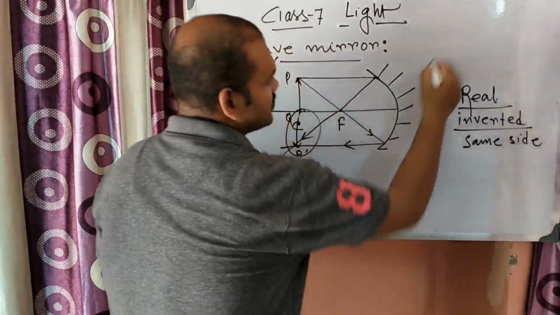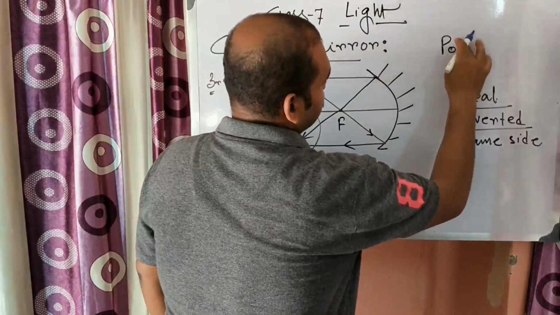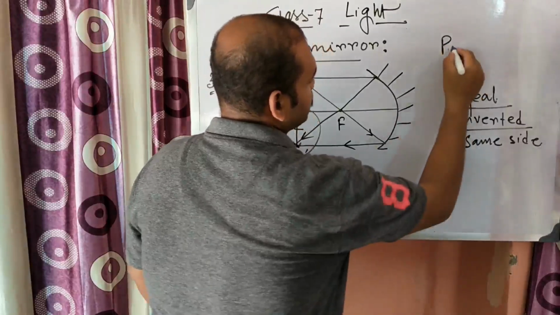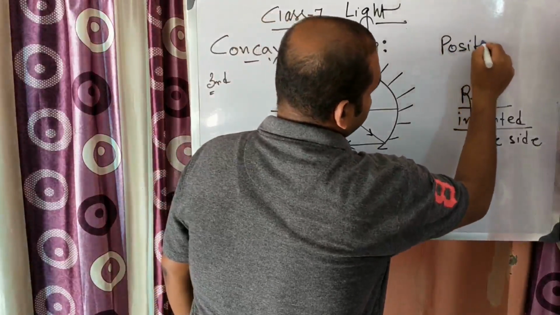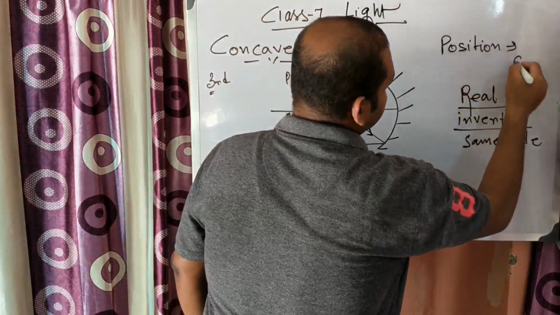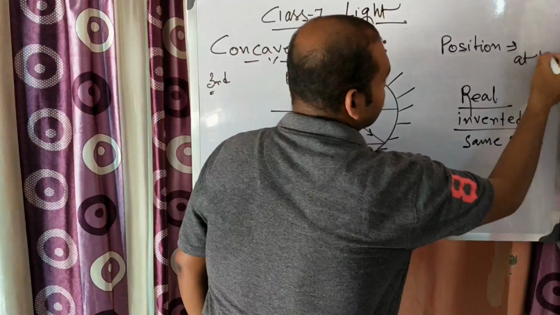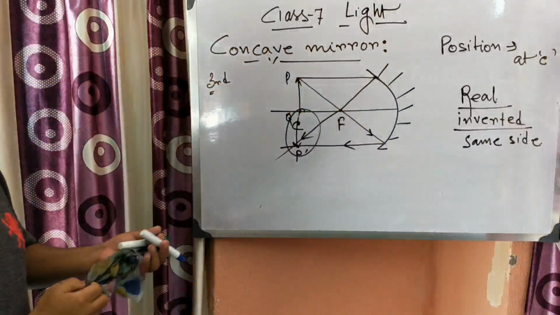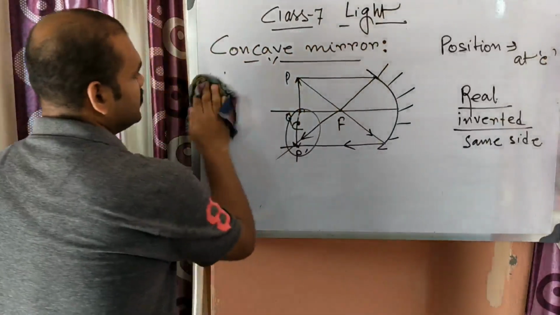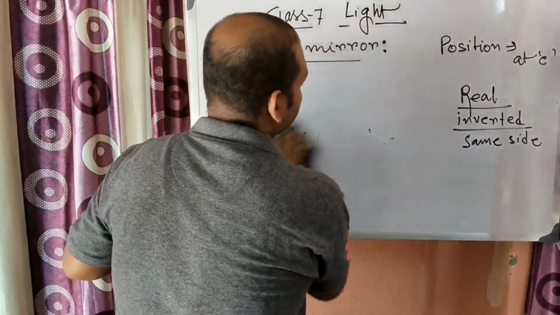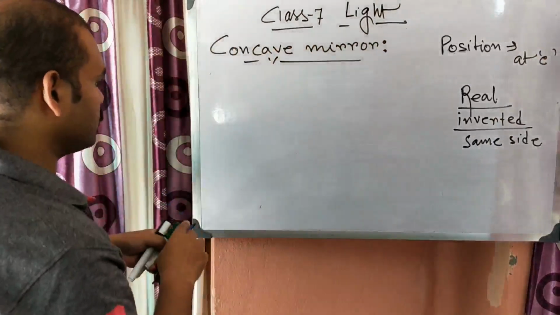And what is the position? Position is at center of curvature, that is at C, okay. So this is the third position. Next, for the fourth position, what is the fourth position?